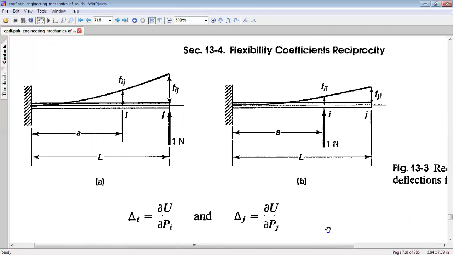So this unit load at I gives Fji at the end, which means deflection at J due to unit load at I. So this is the theorem of reciprocity of flexibility coefficients, which means that Fij has to be equal to Fji, and we can visualize this from this particular example of a cantilevered beam.